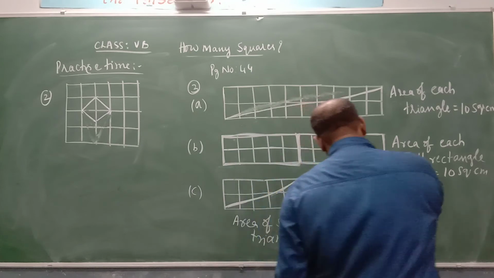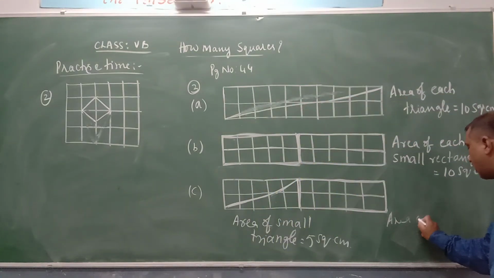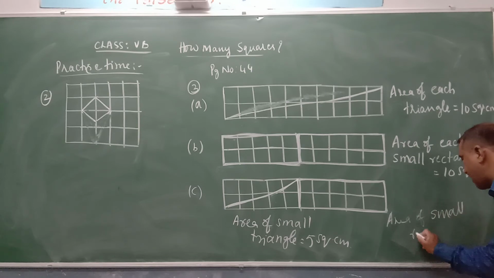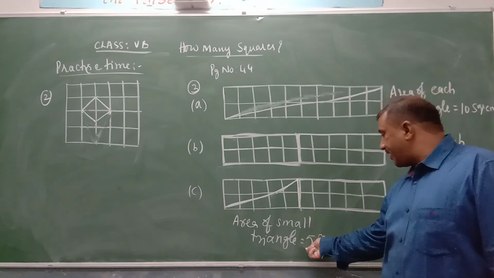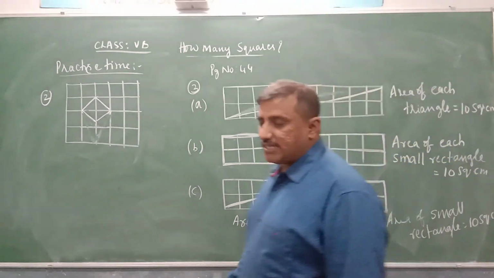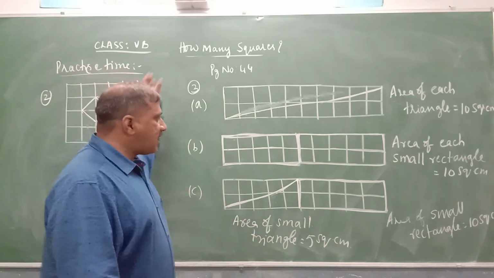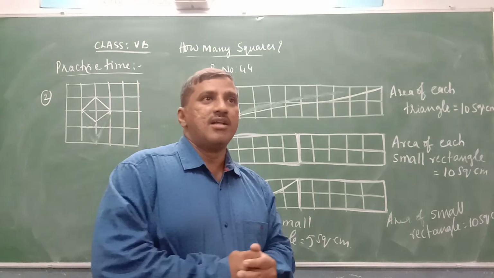It is 10 square centimeters. What is the area of each small triangle? It is 5 square centimeters. Like this, we will draw the lines and thereby we can find different shapes having the same area, equal area. Is it clear, children?